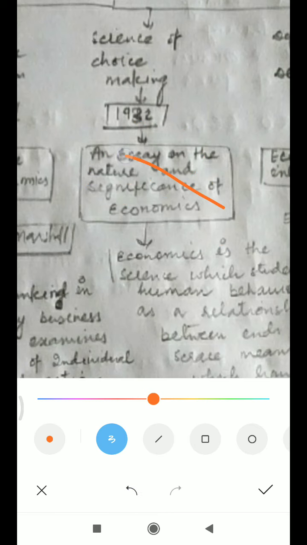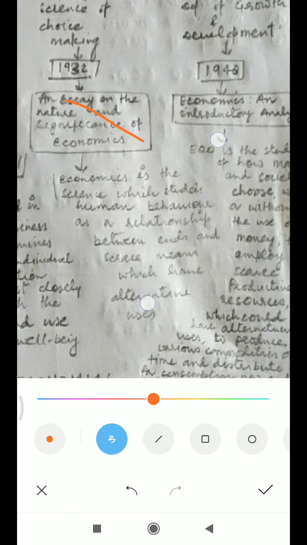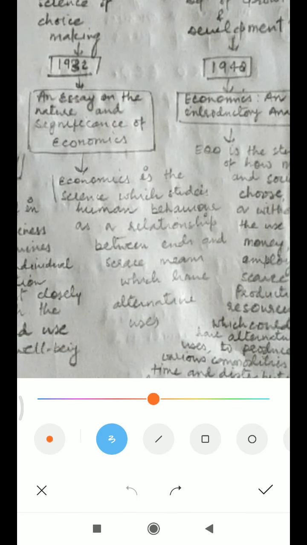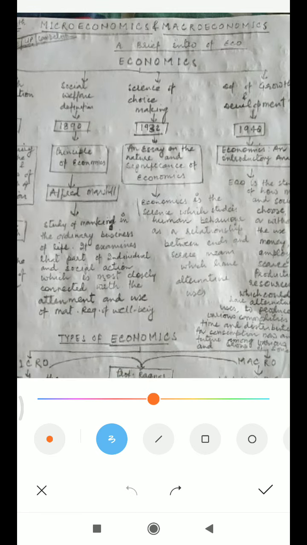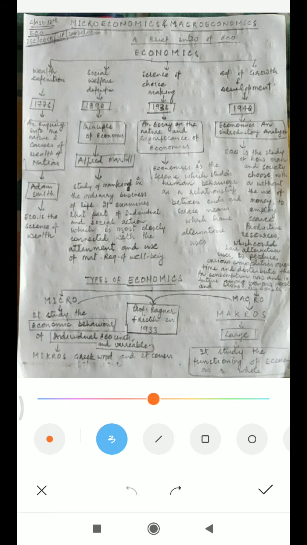Under this book, what does Robbins say? Robbins says economics is the science which studies human behavior as a relationship between ends and scarce means which have alternative uses. So in this definition, economics is totally different from the previous two definitions.